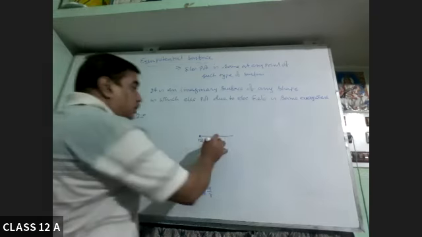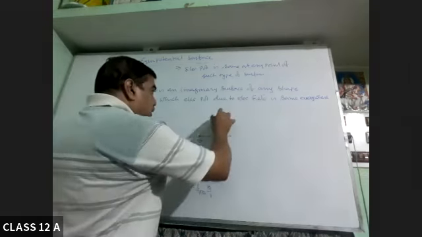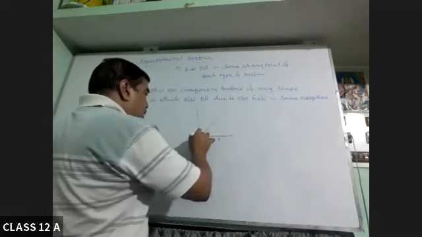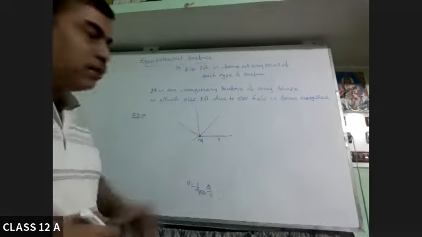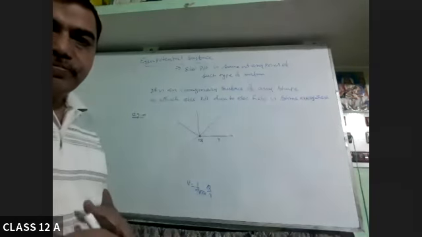So if we consider distance R on this side, this side, or this side, the electric potential will be the same everywhere.